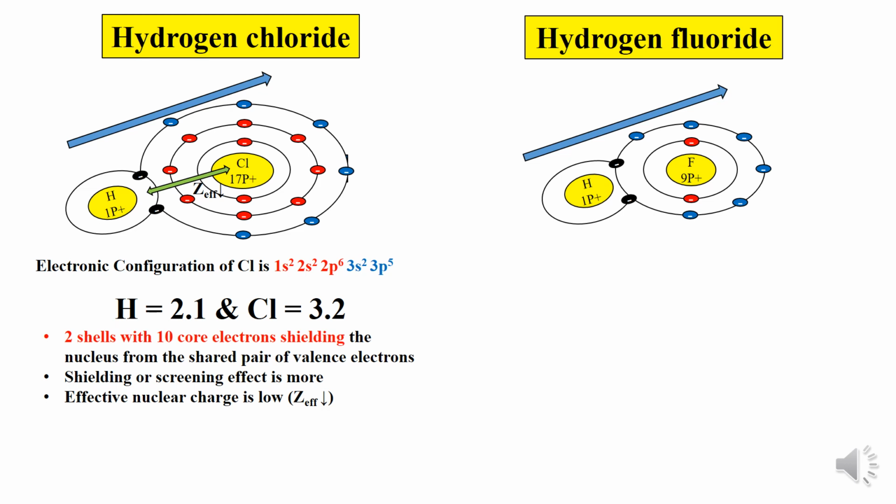And as a result, the Z effective, or the effective nuclear charge, is also low, or decreases. What is Z effective? Effective nuclear charge is the electrostatic force of attraction between the positively charged protons and the outermost electrons, or the shared pair of electrons in a molecule.